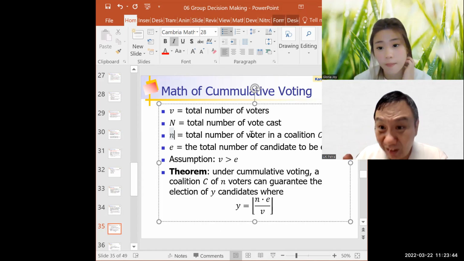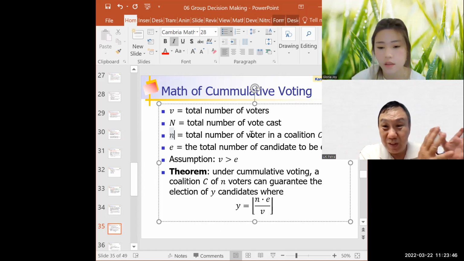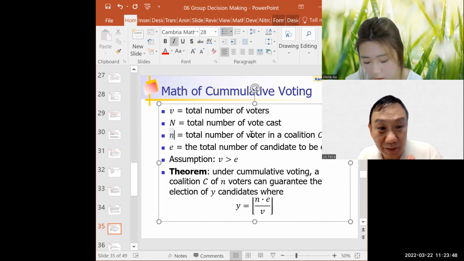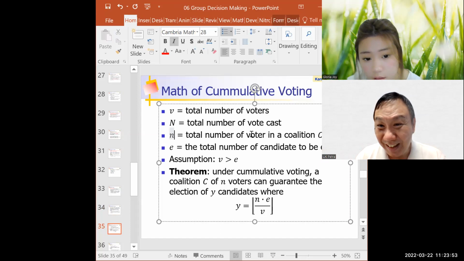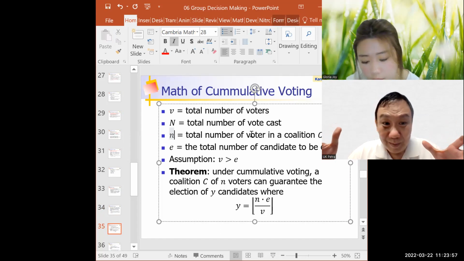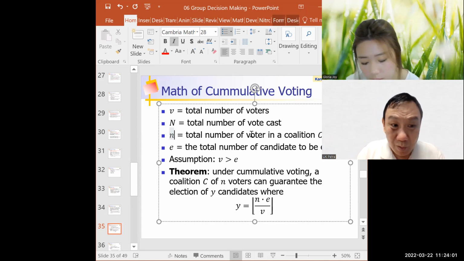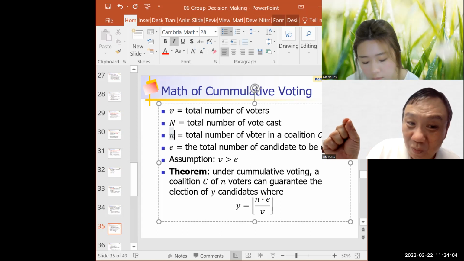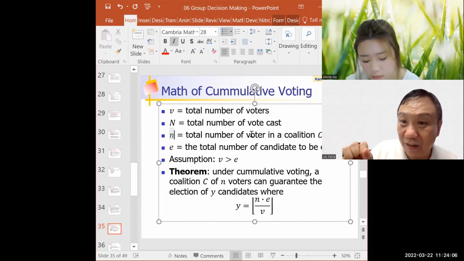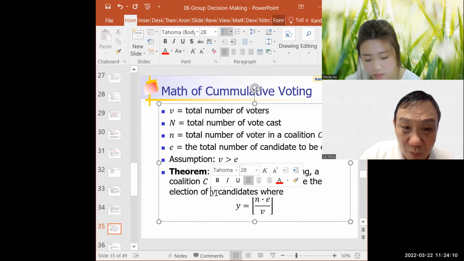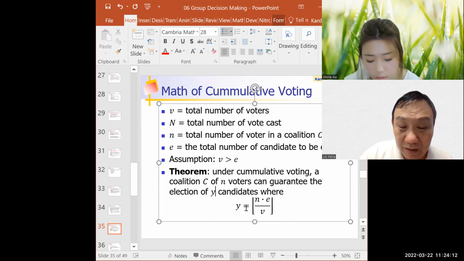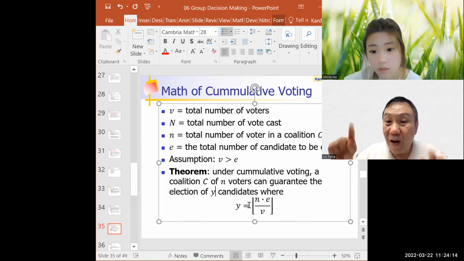So under cumulative voting, if you use the rule of cumulative voting, and you want to create a coalition, right? Coalition means kerjasama. So you cooperate among n voters to guarantee that you will win a certain number of candidates, Y. The number of candidates Y is the same as the floor function.